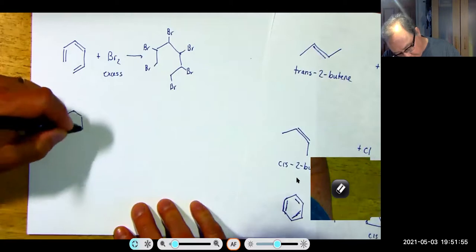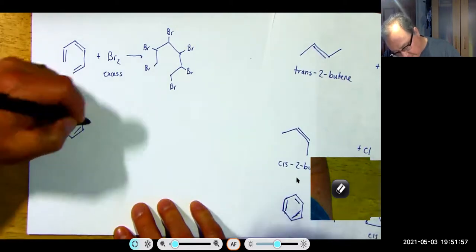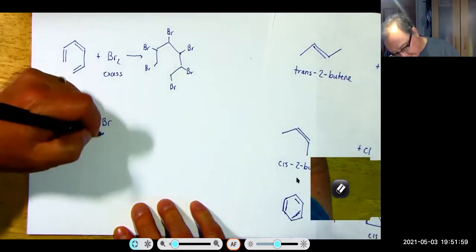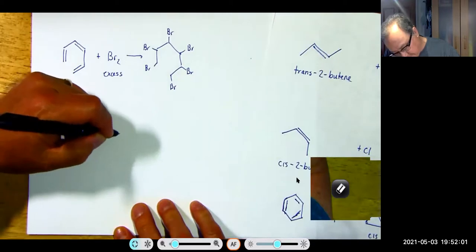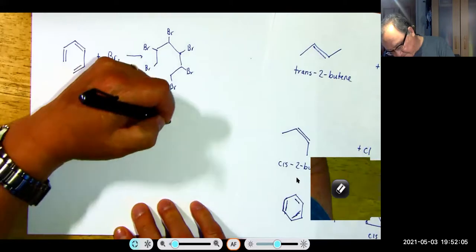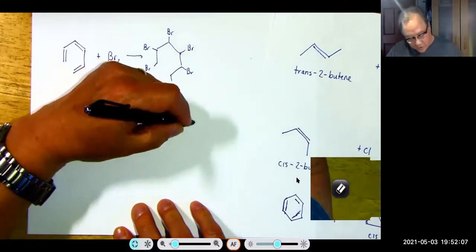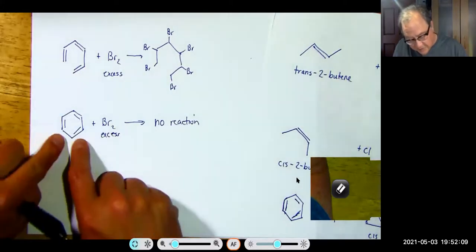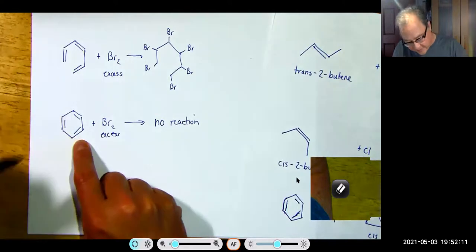Now, if you put benzene in and you add bromine excess, what would happen here is no reaction. So what does that tell you about this molecule compared to the one above? It's stable. Right.